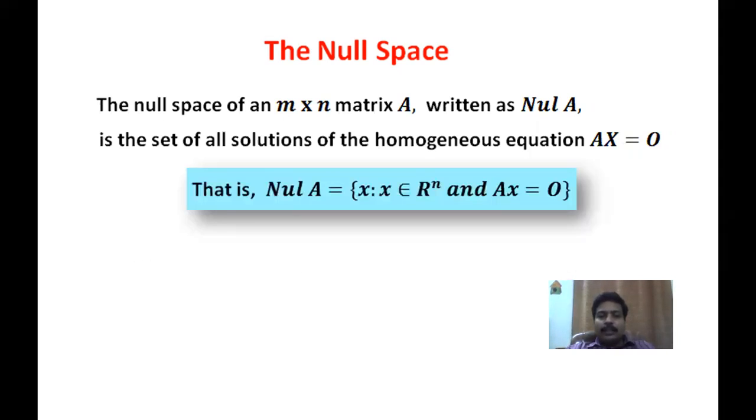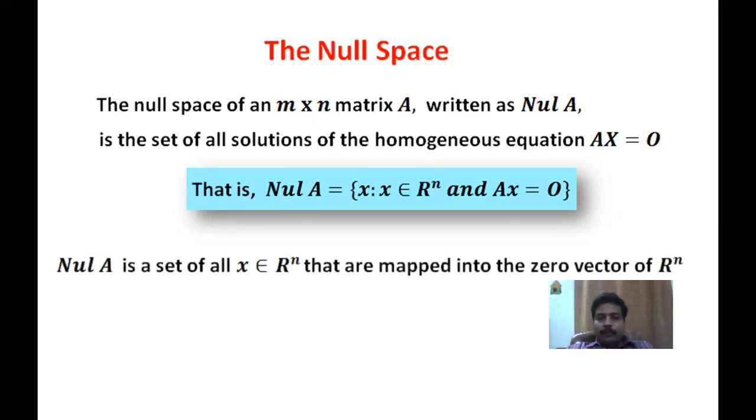And we can write null space A as the set of all x such that x belongs to Rn and Ax = 0. So the x in Rn which satisfy Ax = 0 will be in the null space A. And null space A is the set of all x belonging to Rn that are mapped into the zero vector of Rm.